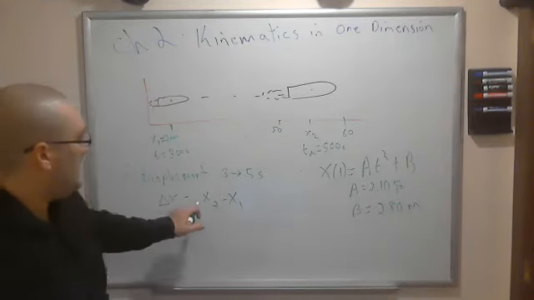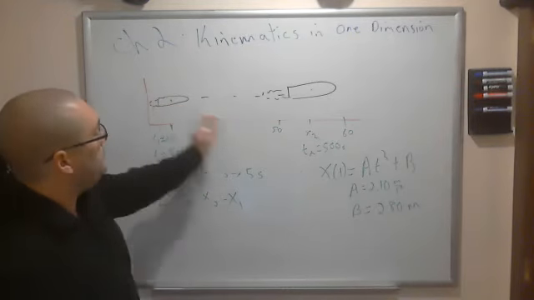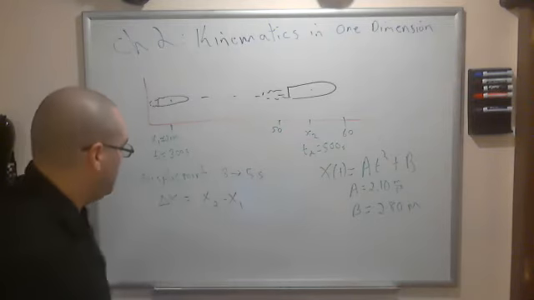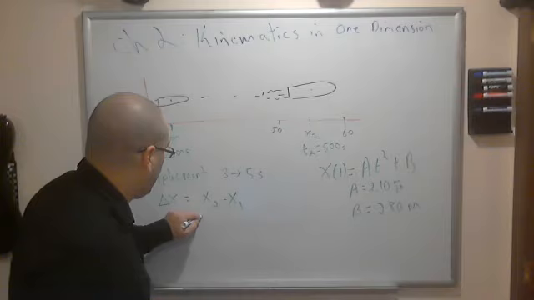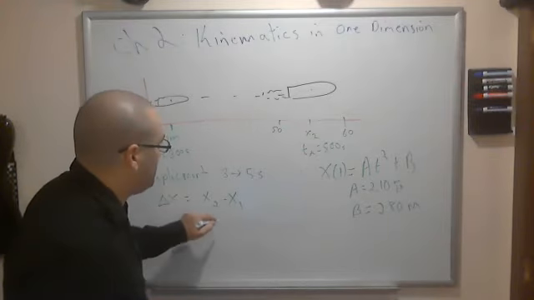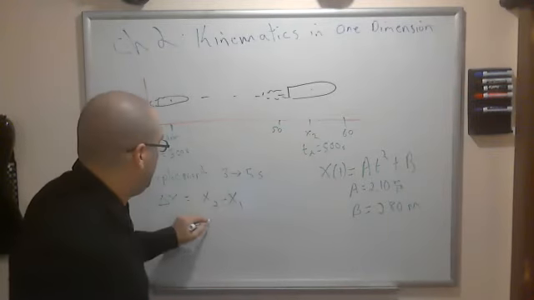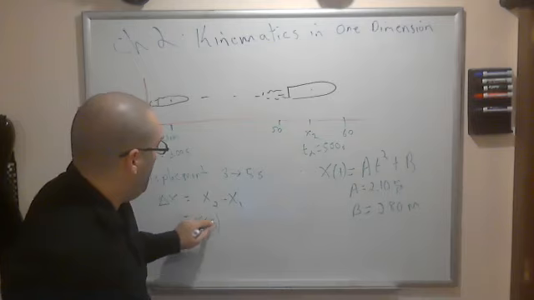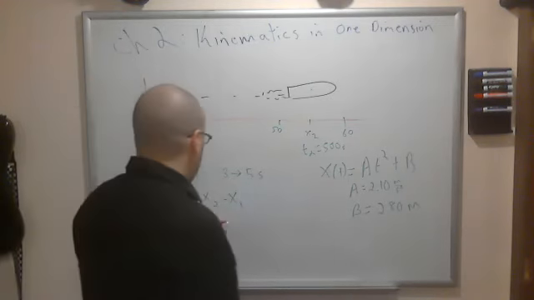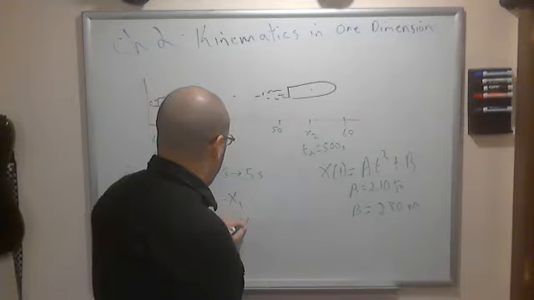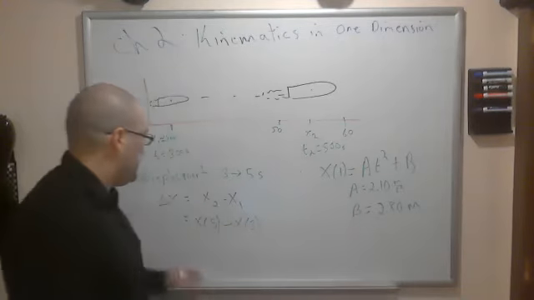Now, we're not explicitly given the coordinates, we have to calculate them. So this is equal to x2, which is x at time 5. When we plug 5 into this function, that's what we'll get, minus the position when it starts, which is 3.